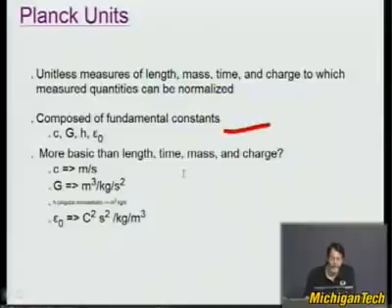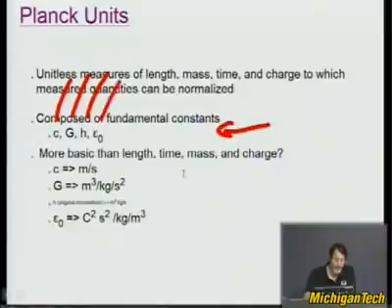And when Planck first did this back two centuries ago, he tried to compose everything in terms of length, time, mass, and charge in terms of fundamental constants, which are the speed of light, the gravitational constant, Planck's constant, and a constant related to charge. So you can compose anything in terms of that. You can make any fundamental unit from that.